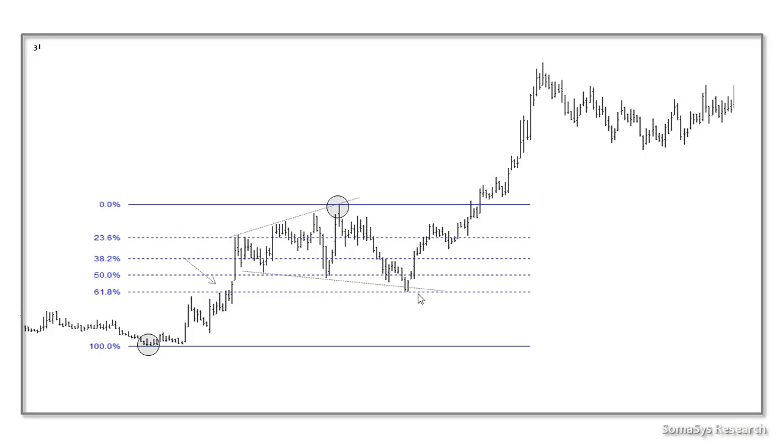And see how this price correction fulfills every parameter here. Price eventually strikes this trend line, this expanding pattern is intact, and it strikes the 61.8 Fibonacci level also, all at the same time. And this generates a lot of enthusiasm amongst buyers, and there is a turnaround.